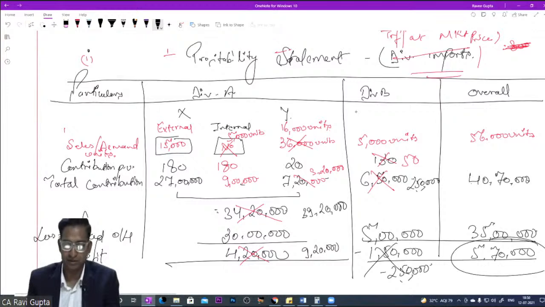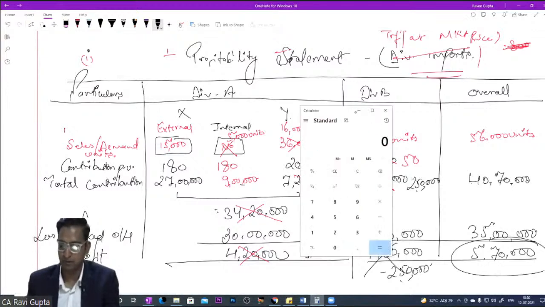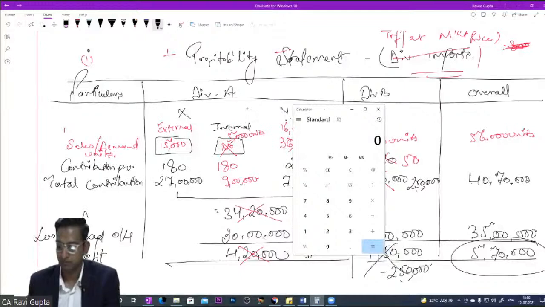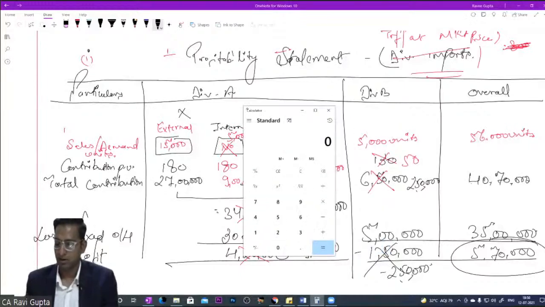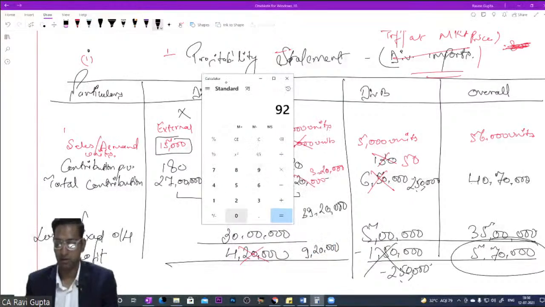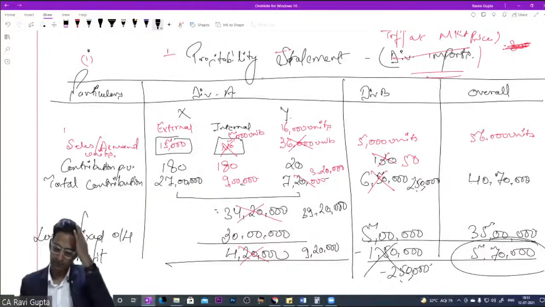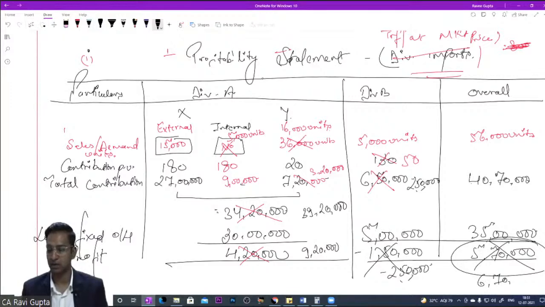So on a total basis, we have 9,20,000 minus 2,50,000, that is 6,70,000. In the second situation, we have 6,70,000. So this is what we have done.